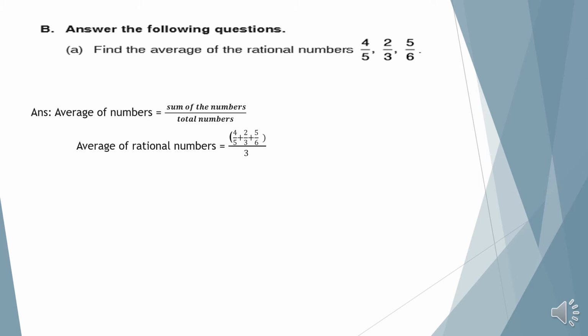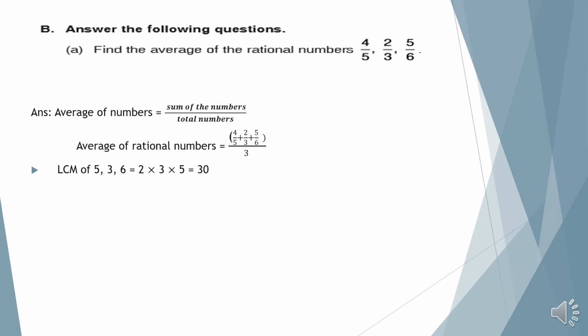That is, LCM of 5, 3 and 6 is equal to 2 multiplied by 3 multiplied by 5, which gives us 30. Now the second step is to convert the denominator of each rational number to 30.